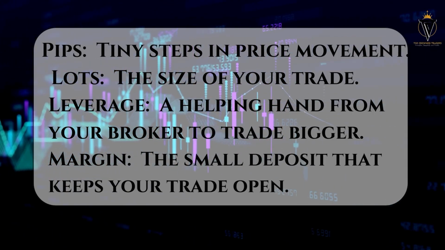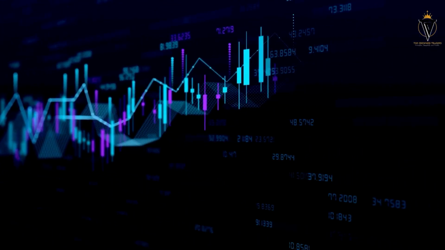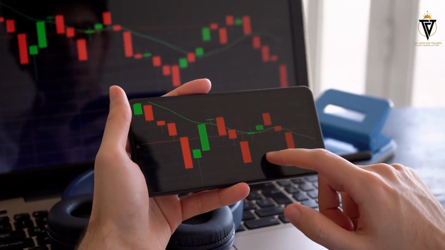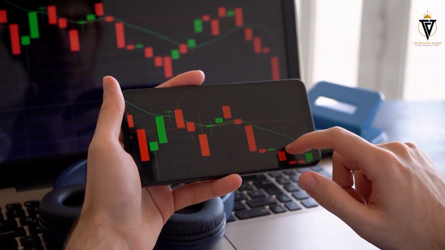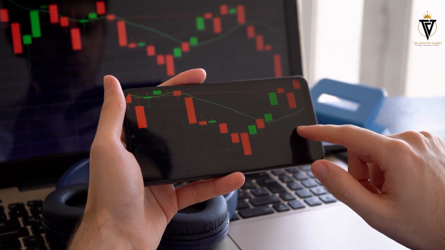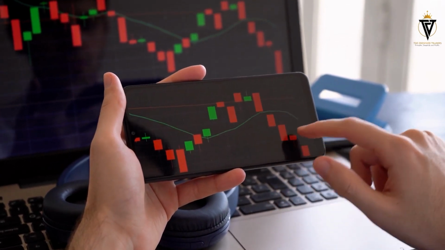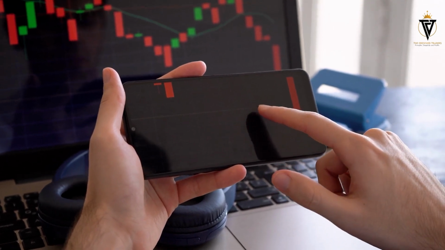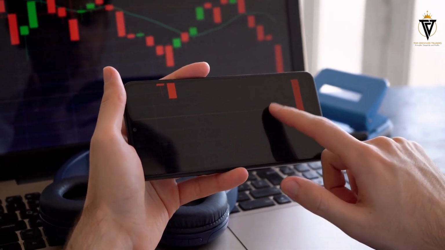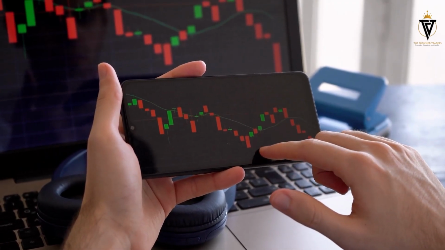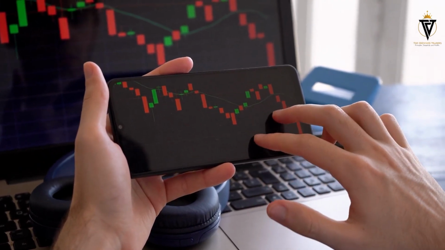When talking about margin, I'll give a very quick example. You have $100 in your account and you have running trades in that account, and the trade has a floating loss of, let's say, $50. If you check closely on your MT5 or MT4 trading platform, you will find terms called margin, equity, and balance. Those are the levels of your trading account. Now, that margin, you will see the amount.